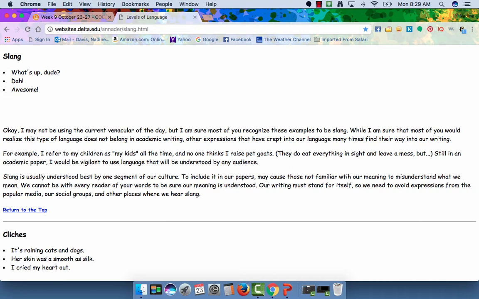But nobody thinks I raise pet goats, right? But in an academic paper, I would need to use sons rather than kids. You need to be specific what kids are. They're children, okay? You don't raise pet goats, okay? I mean, I don't raise pet goats. You're not talking about pet goats in your papers.